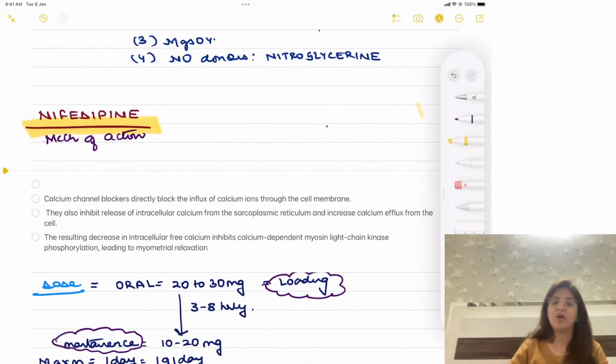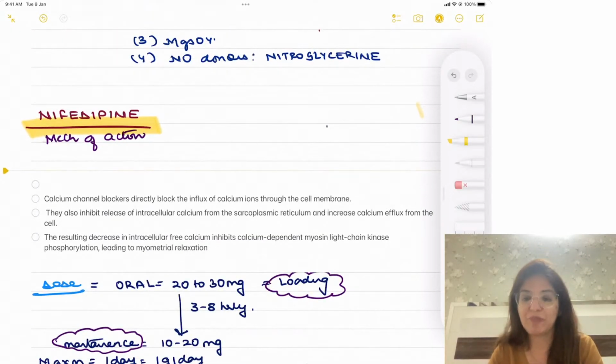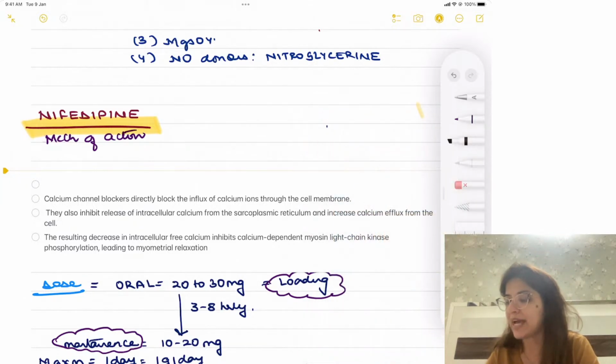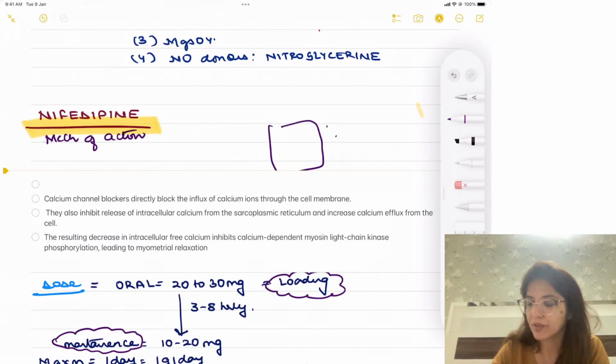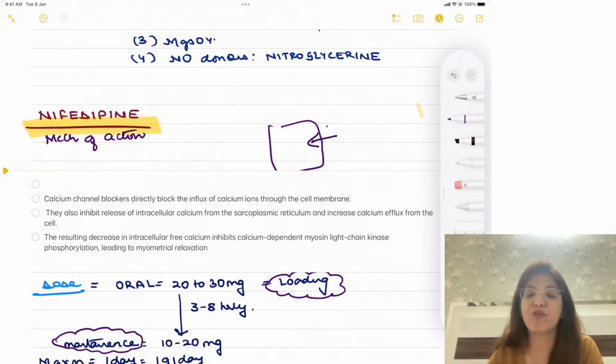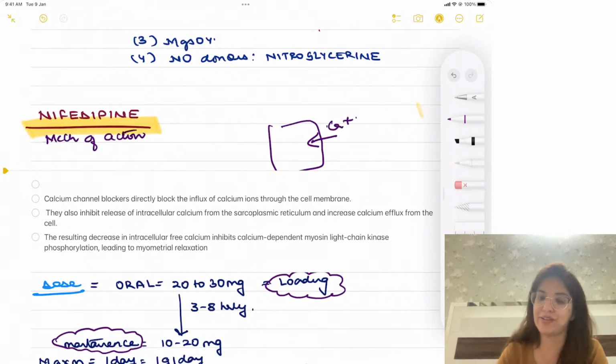So, nifedipine. What is the mechanism of action of nifedipine? As I told you, nifedipine is a calcium channel blocker and it acts by various mechanisms. Number one, it is directly going to block calcium from coming inside the cell membrane, so it blocks the influx of calcium ions.